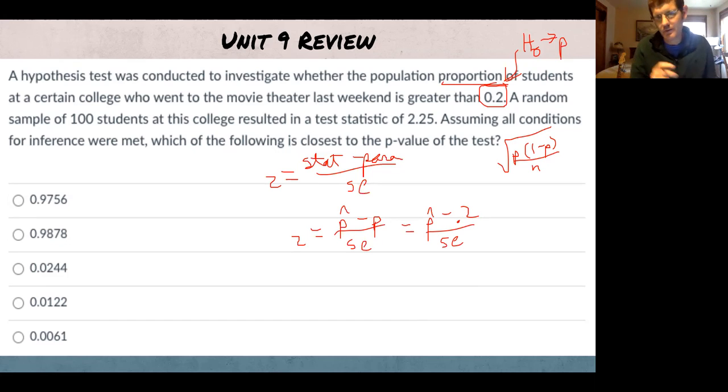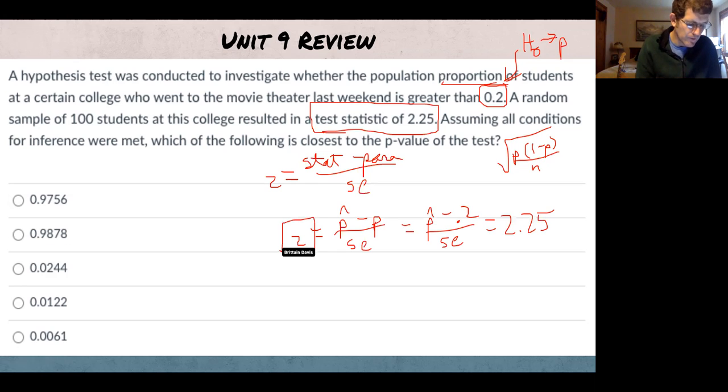But anyways, bottom line for this particular problem, it's 2.25, because it tells us right here, the test statistic is 2.25. So knowing that it's a z statistic, all I need to know is that I'm doing a normal CDF calculation.